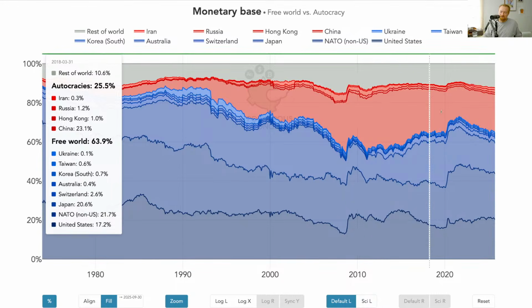So the free world versus autocracy. Hoping the United States doesn't swing red in this chart, but remember, China actually has a smaller share of this pie than they did before the global financial crisis. Russia's reserves are frozen. Hong Kong is what it is, one percent there, and it's captured by China. Taiwan's on the other side with another percent. And then Iran is basically zero here.